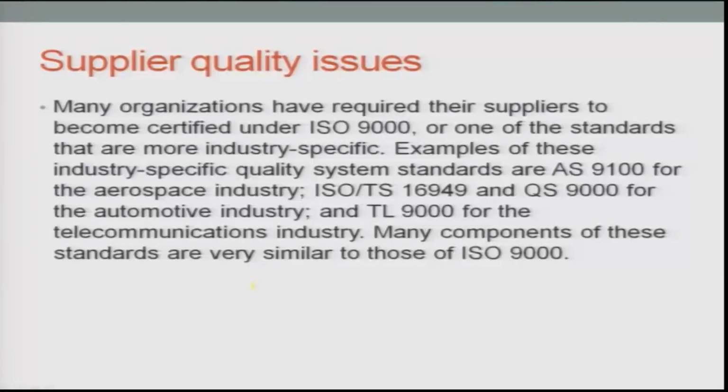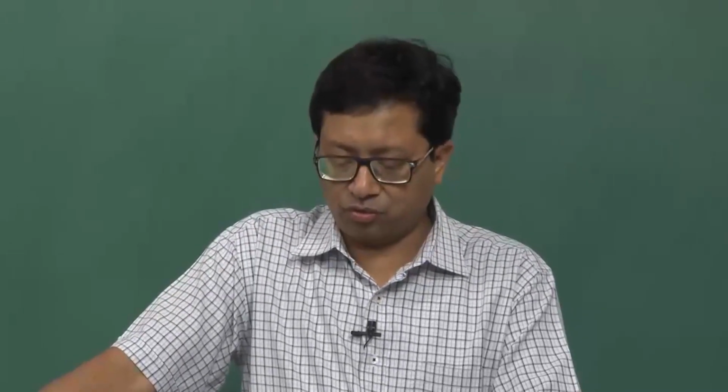So, many organizations have required the suppliers to become certified under ISO 9000 or one of the standards that are more industry specific. For manufacturing sectors, a set of ISO certificates should be used. For service sectors, a different set of ISO 9000 certificates should be used.